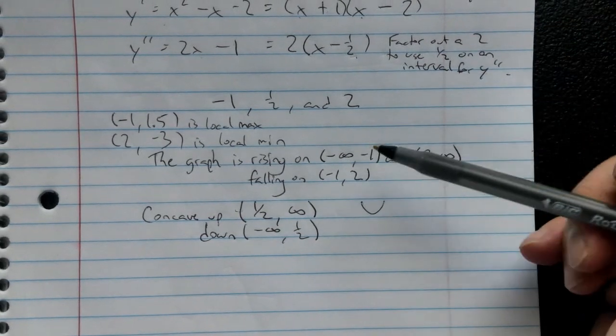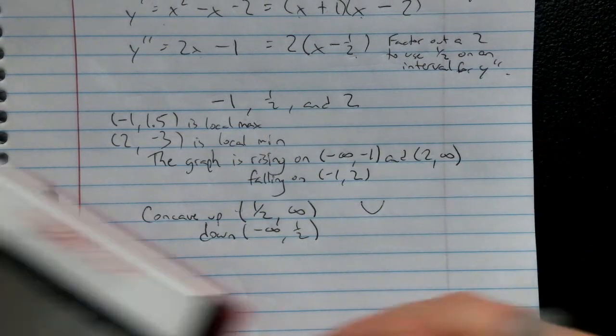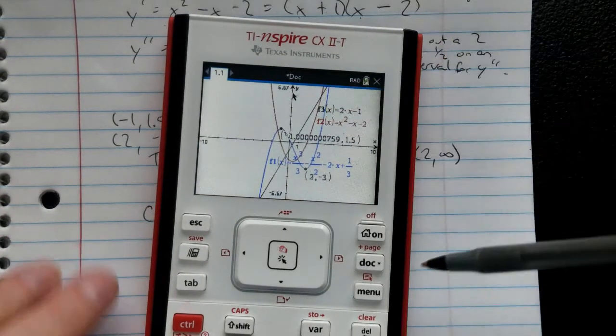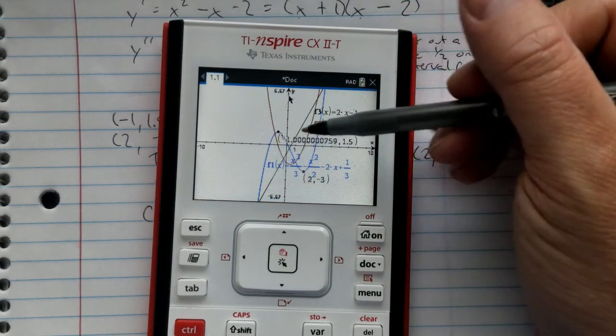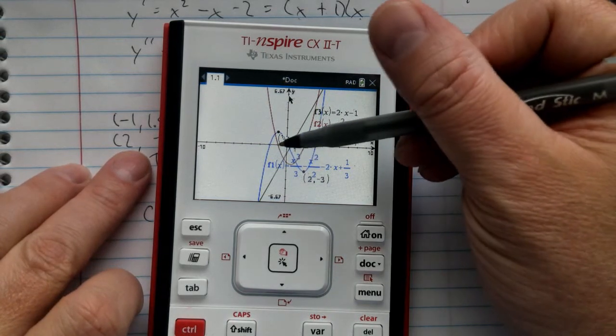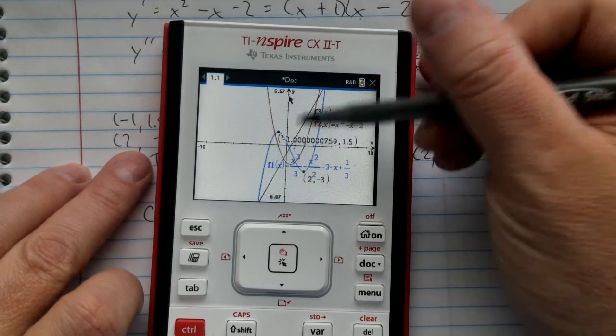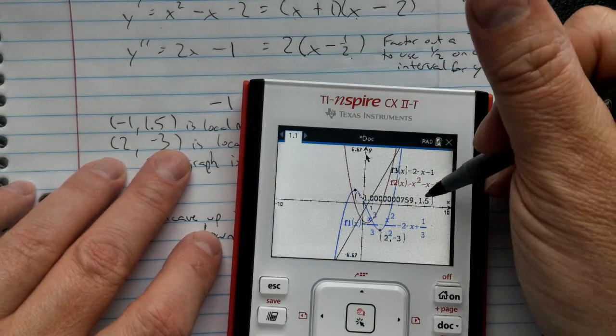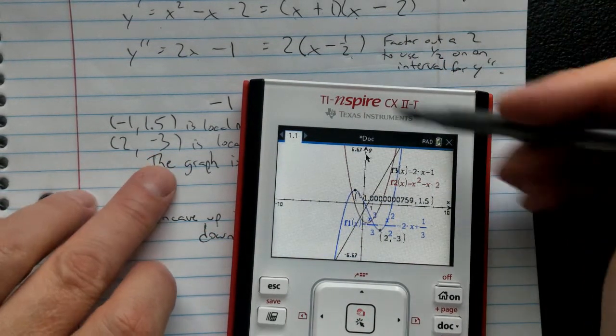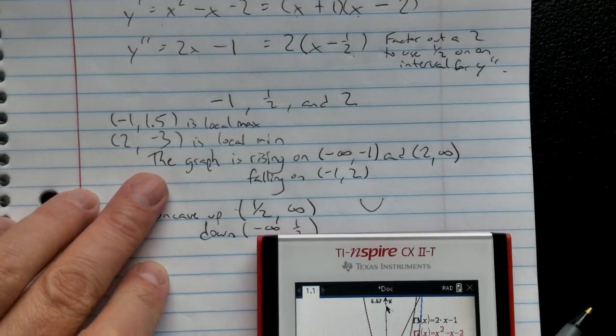And from -1 to 1.5 was a maximum, and then to -3 was a minimum.